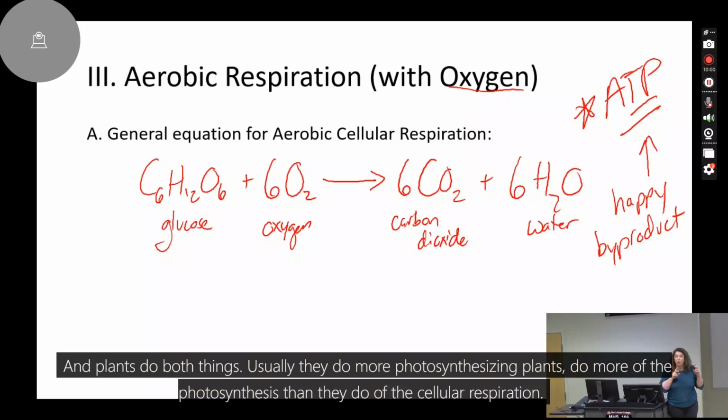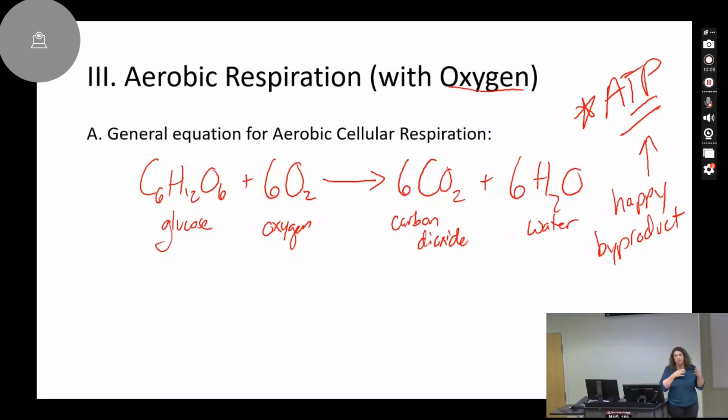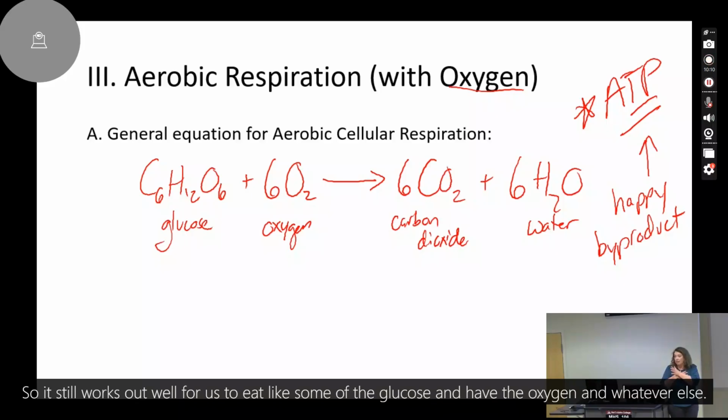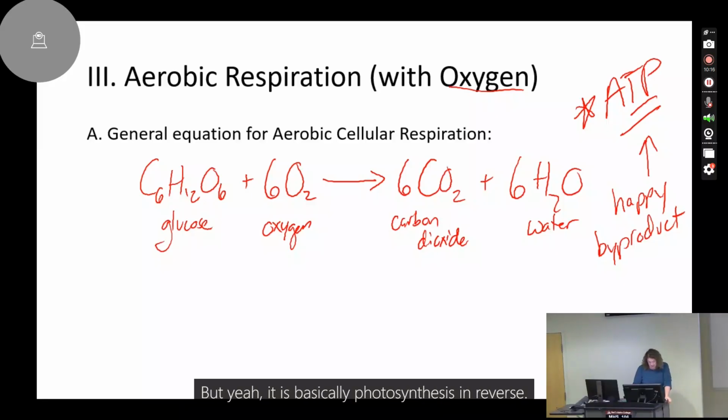And plants do both things. Usually photosynthesizing plants do more photosynthesis than cellular respiration, so it still works out well for us to eat some of the glucose and to have that oxygen and whatever else. But yes, it is basically photosynthesis in reverse. Kind of a wild thing.